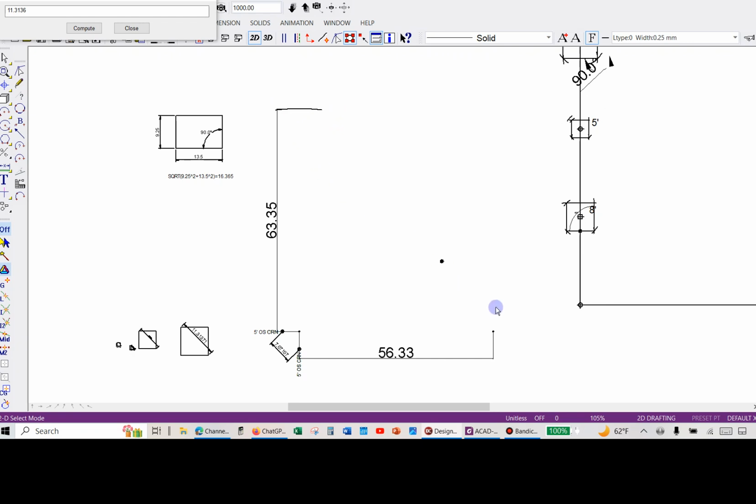And then the other arc's going to go from here, F3, and then the 63.5, so it's going to be square root, open parentheses, 63.35 squared plus 56.33 squared, close parenthesis, and then enter, and then it'll be from this one to here. Right? And then from here to there will be 90 degrees.